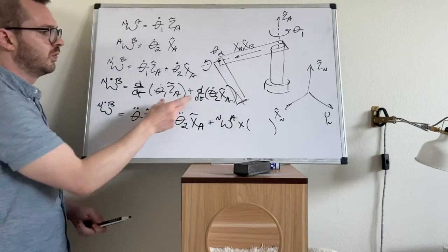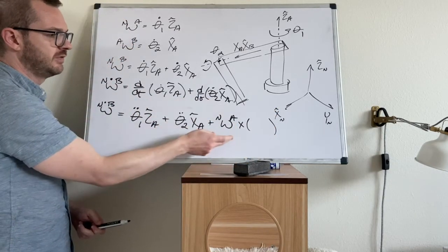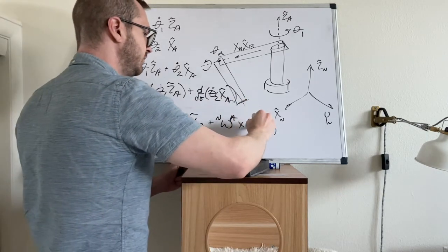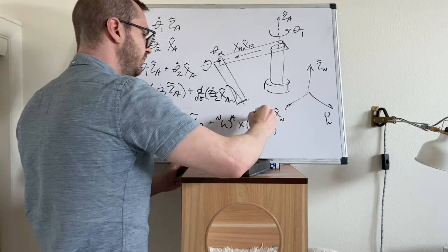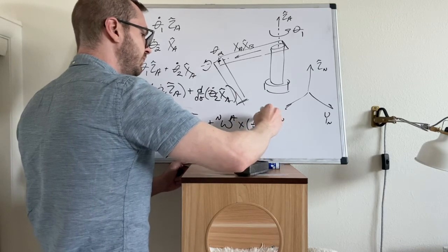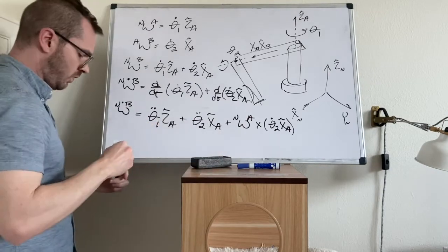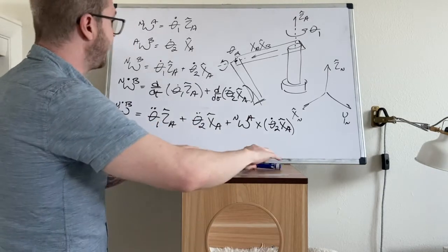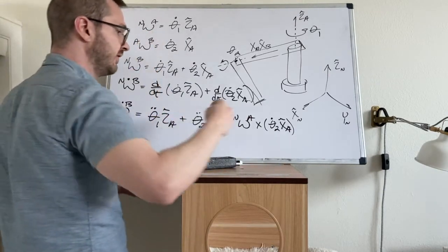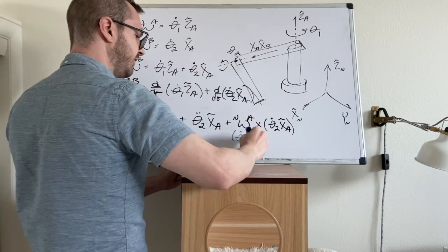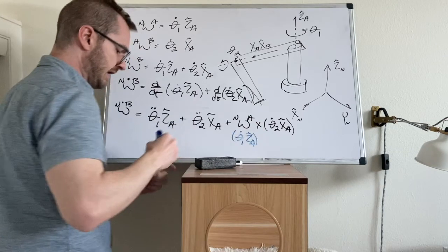Well, what did we take the derivative of that would yield this? Well, it's theta 2 dot X hat A. Okay, what is omega N to A? We have it right up here. It's theta 1 dot ZA.